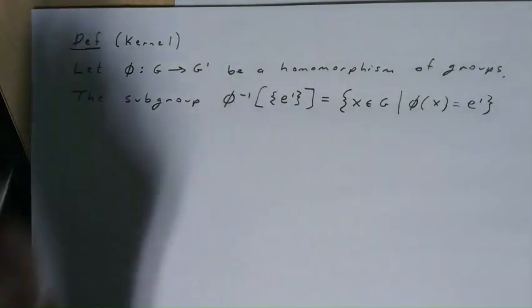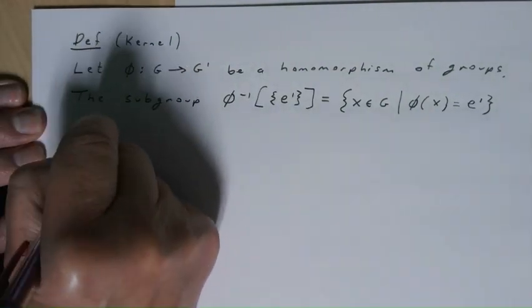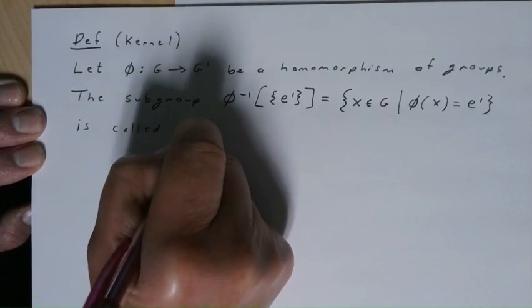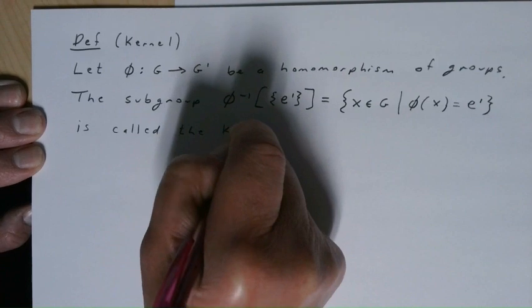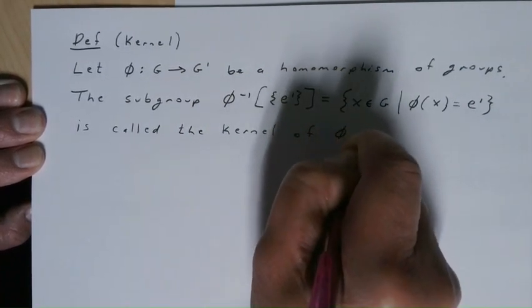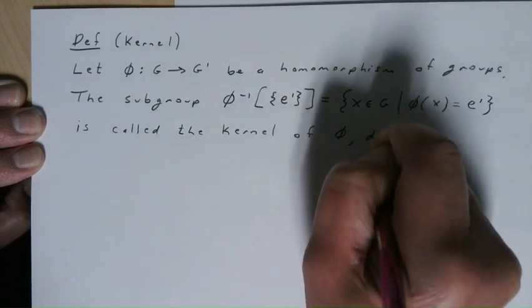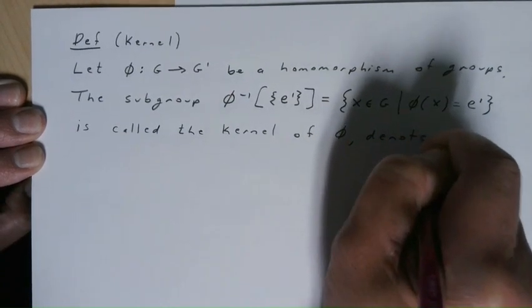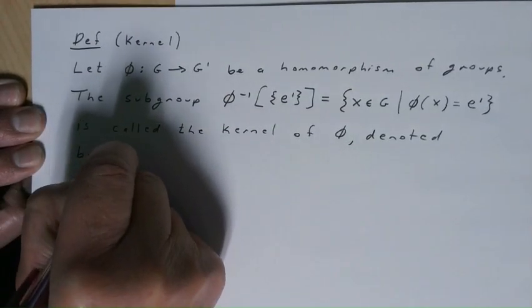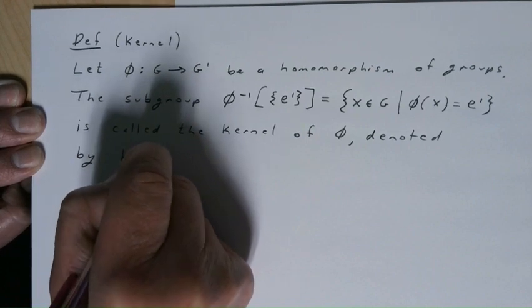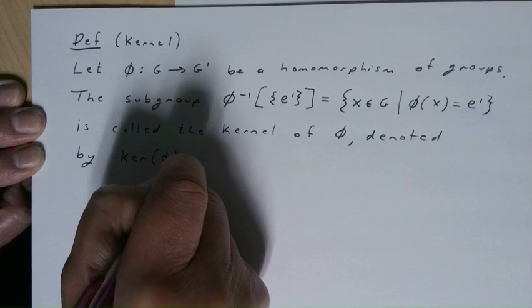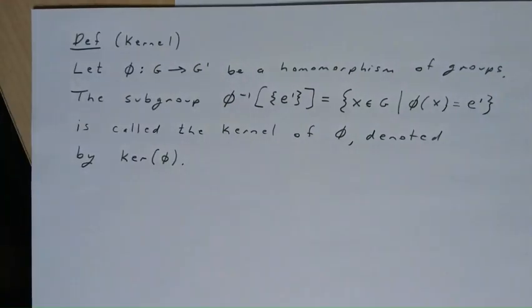This subgroup is called the kernel of phi and denoted by ker of phi.